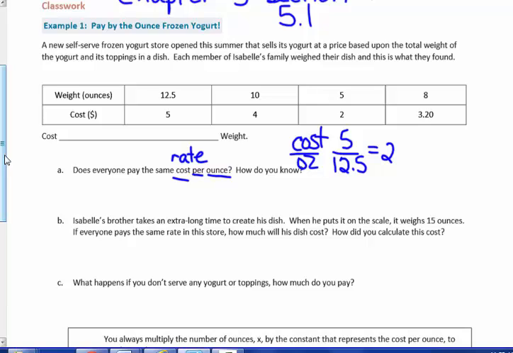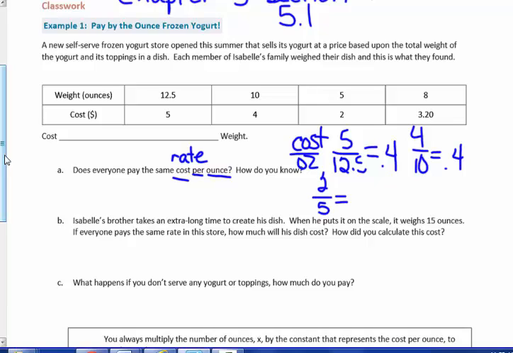Isn't it 0.4? Yes. Then 4 divided by 10 is also 0.4, and 2 divided by 5.